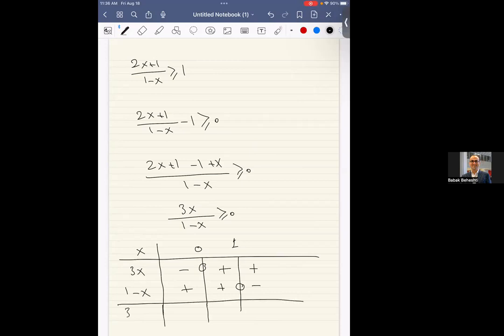Therefore, x must be between 0 and 1, right? Here is the solution.